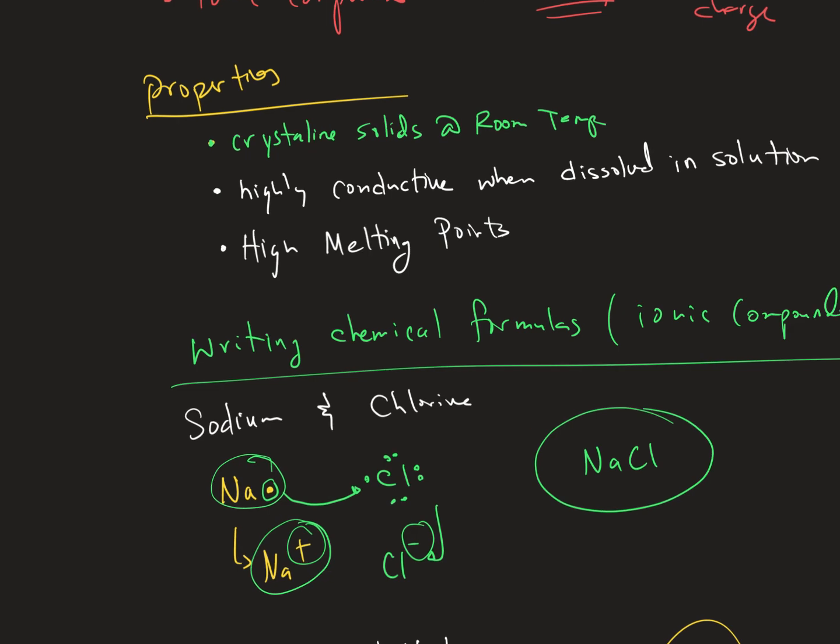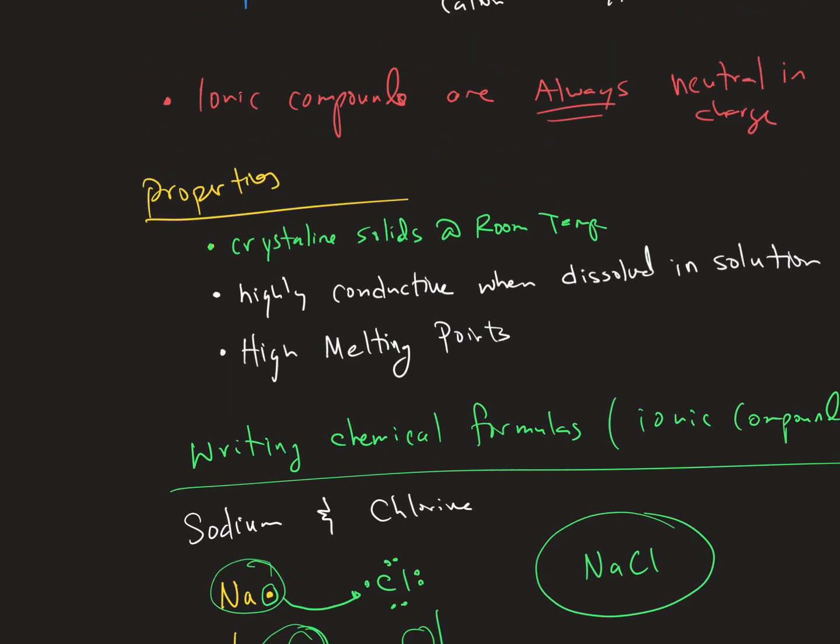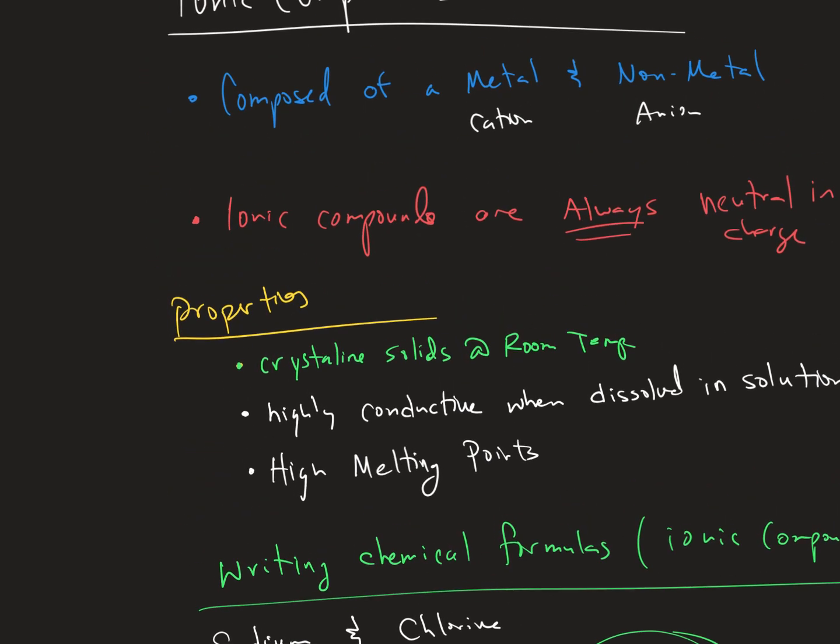I'm going to come up here, and we wrote the properties. I'm going to write one more thing for ionic compounds. I should have written this. Ionic compounds are written with lowest whole number ratio of atoms.